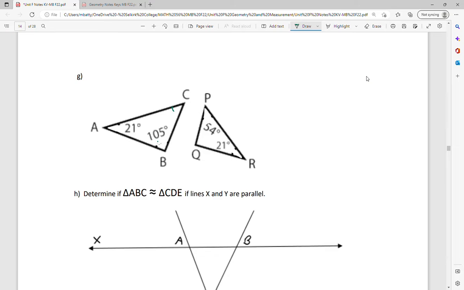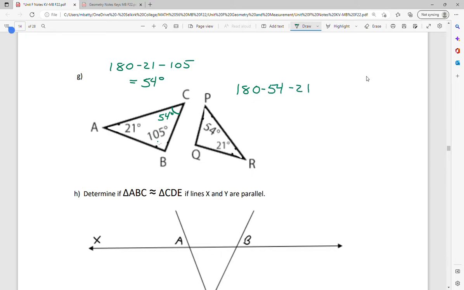I can always do the investigation to figure out this missing angle. I could take 180 minus the 21 and minus the 105, and when I do, that works out to 54 degrees. So that's looking promising because I have a 54-degree angle on the other triangle. You don't need to do this, but just to be sure, we can calculate the missing angle in the second triangle as well.